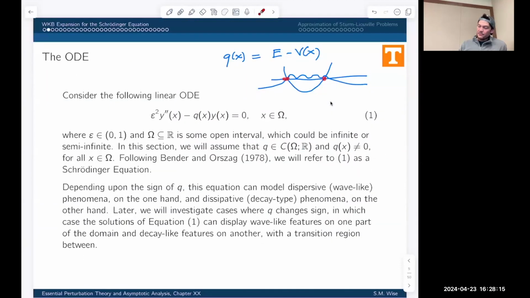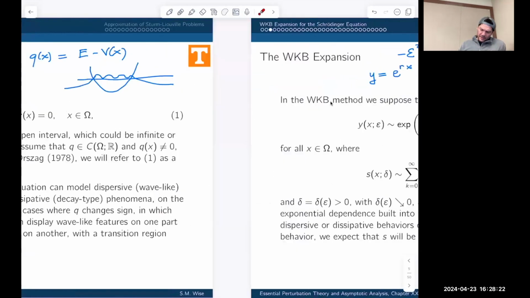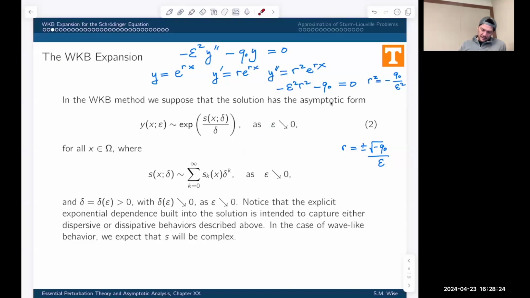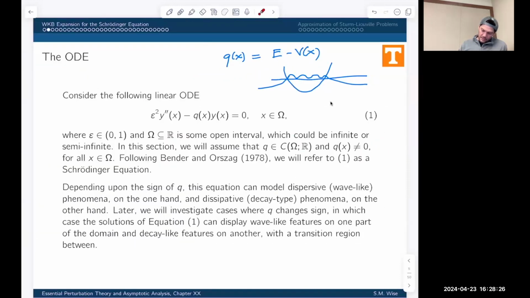Whenever Q is equal to 0, it's at these points called turning points, and they require a lot of extra analysis. So to start with, I forgot to mention this point, but it is here. We're going to start by assuming that Q is never 0. It could be positive or negative, it doesn't matter for us, but it can never be 0.